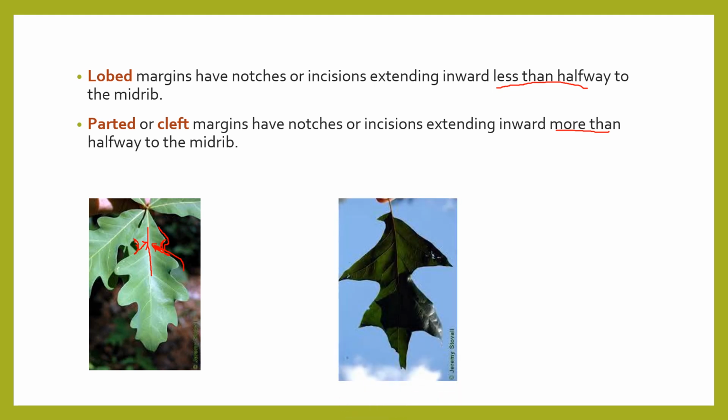In the first one, lobed margin, the notches extend less than halfway to the midrib, but in parted or cleft margin the distance is more than halfway. You can observe this in lobed and parted or cleft margin.